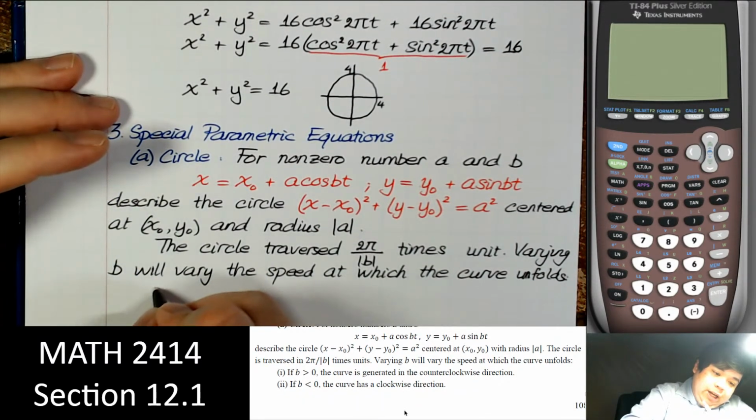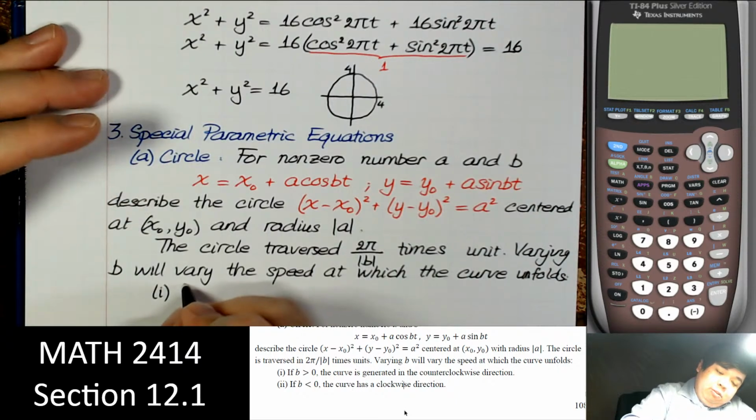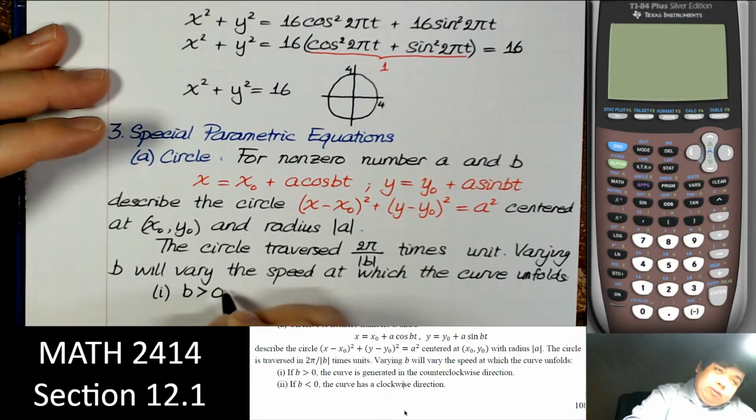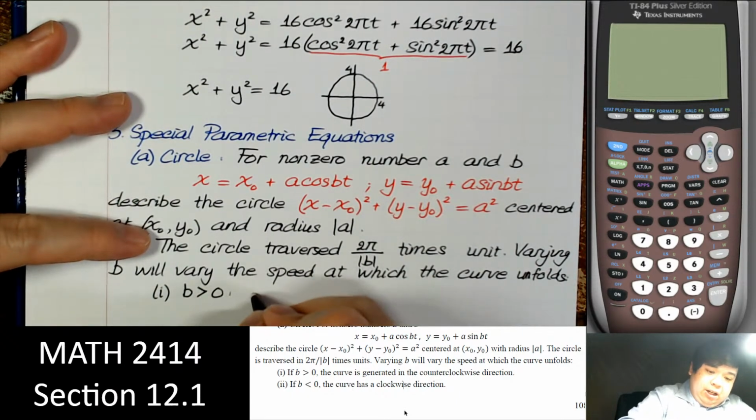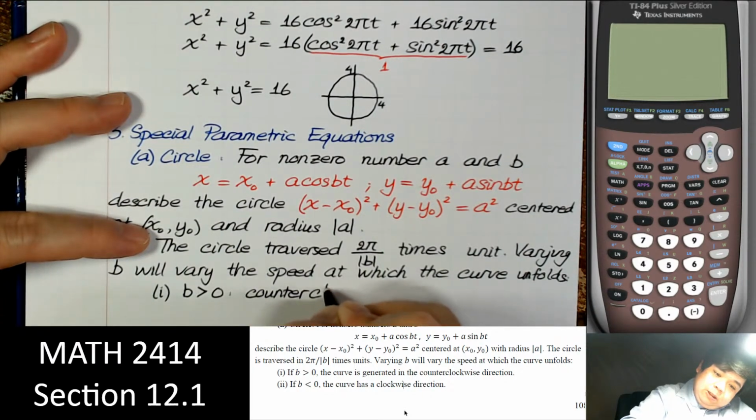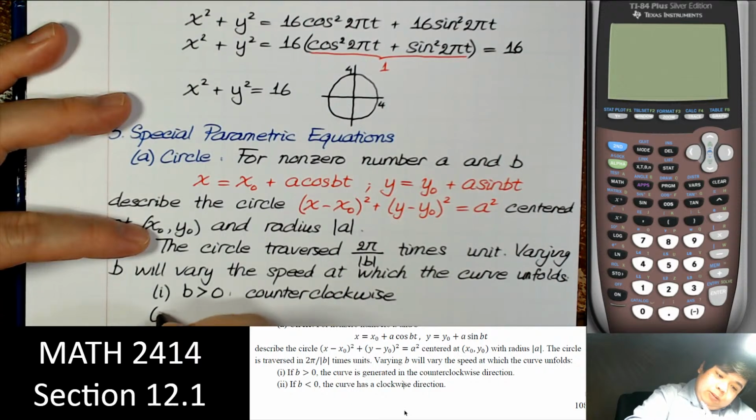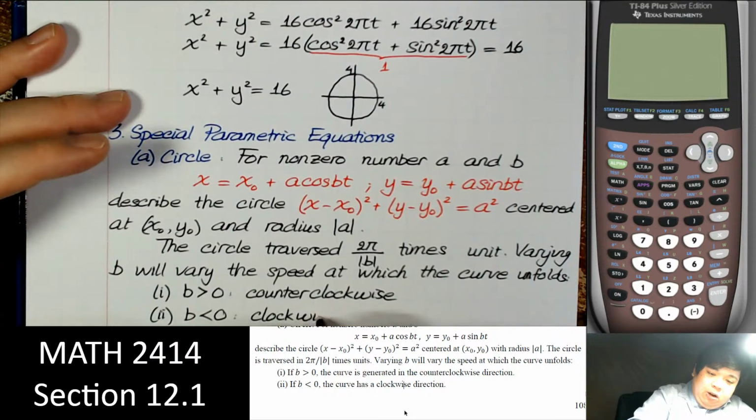Right. And a few more things. If b is positive, that is counterclockwise. Negative, that is clockwise.